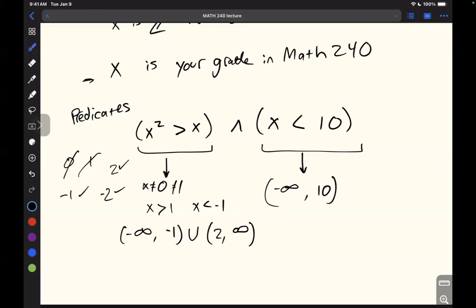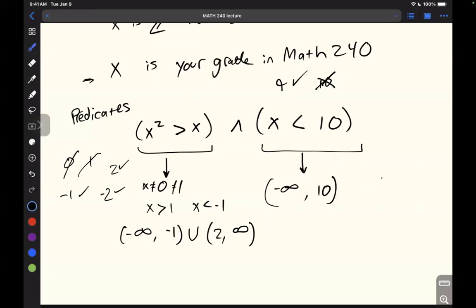X is less than 10. Did it go all the way up to 9 to 10? So let's take x equals 9. It's less than 10, so that's good. X equals 10. Is that less than 10?